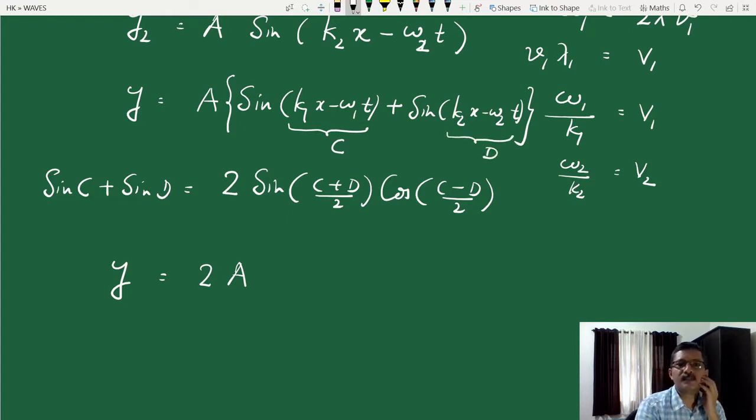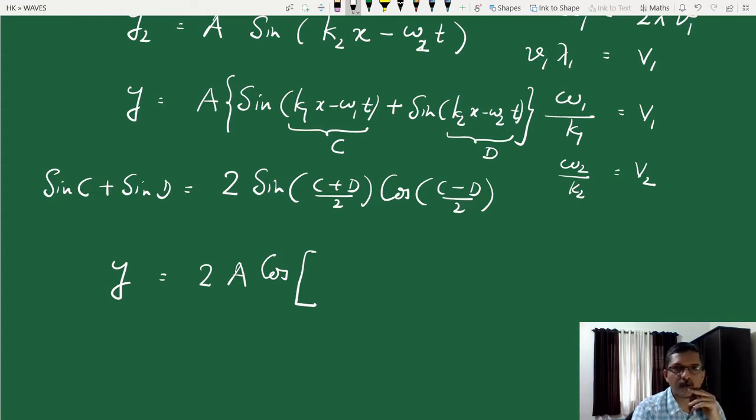First I will write c minus d by 2. So we get cos of k1x minus omega 1t minus k2x minus omega 2t. I will club the terms containing x together and the terms containing t together. Since x is common, I can take it outside, and t is common, I can also take it outside.